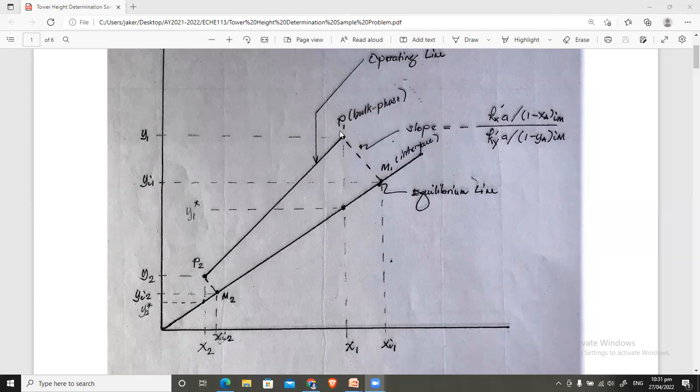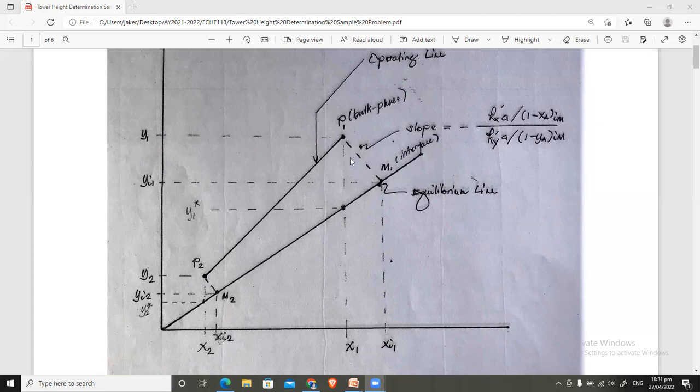Now P1 is being, shall I say, projected through the equilibrium line, and that particular point is M1, representing the concentration of the interface that is made when the two phases B1, L1 form the bulk phase 1. Okay, so this particular point, let's label it as M sub 1, the interface.